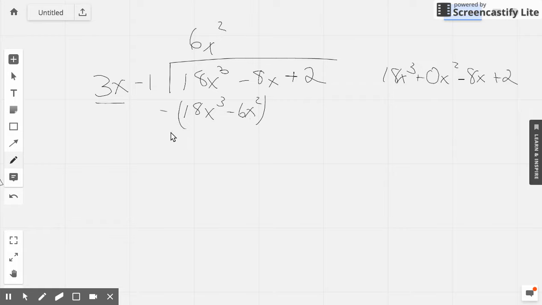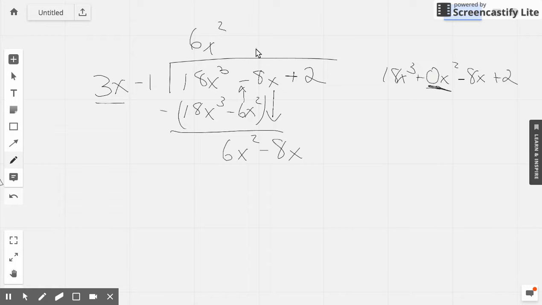So the first two terms cancel out. And if I'm taking away a negative version of the 0x squared term, I end up with positive 6x squared minus 8x, bringing that down.